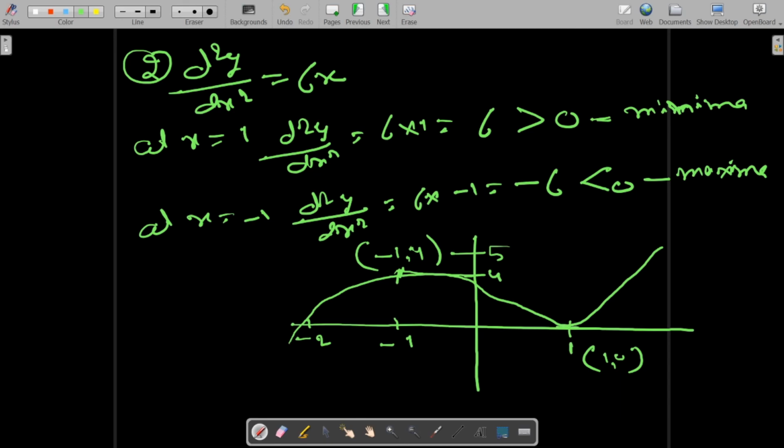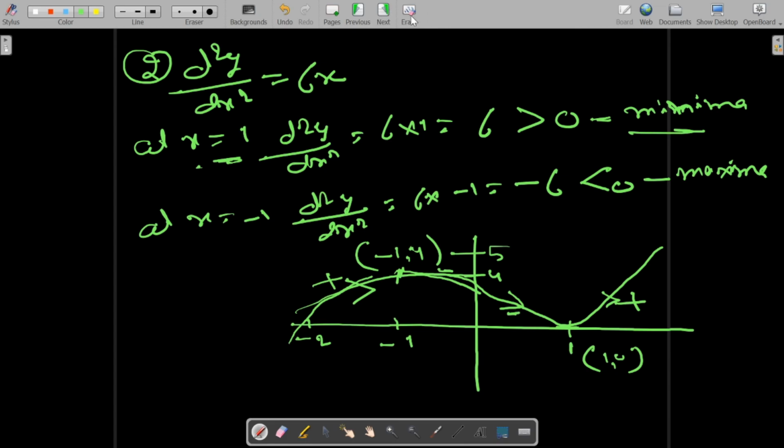At point 1 it is taking the minimum since the second derivative is greater than 0. Before the minimum the function is decreasing, so the slope is negative, here it is minus, and after slope 0 it goes to plus. Here the function is increasing, so the slope is positive. So I have explained with the example.